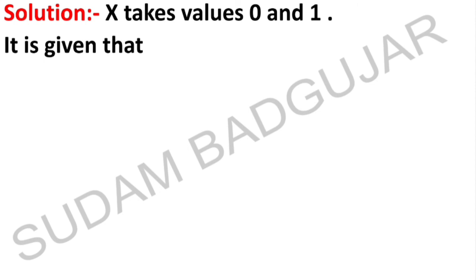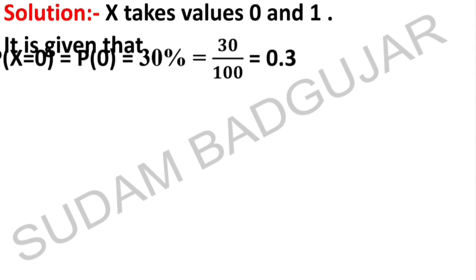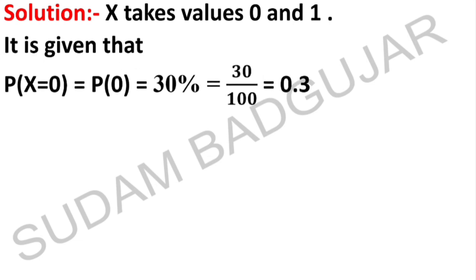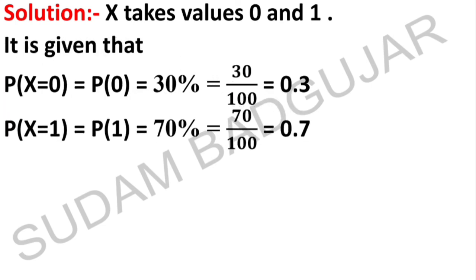X takes the value 0 and 1. It is given that P of x equal to 0, that is oppose, means 30% members are opposed, that is 30 divided by 100 means 0.3, and P of x equal to 1, that is 70%, and that is nothing but 0.7.